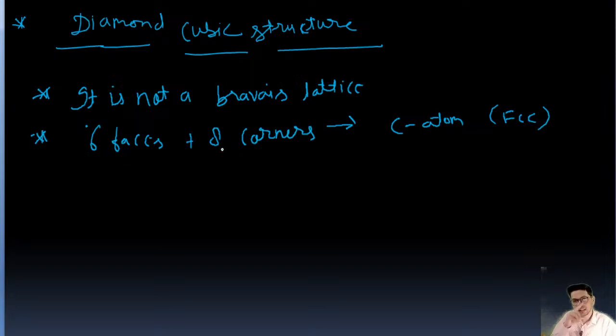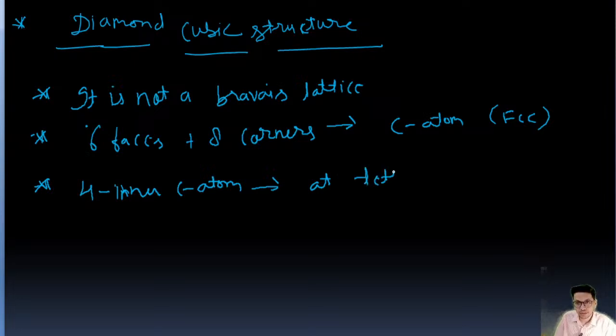and 8 carbon atoms at the corners, okay. And 4 inner carbon atoms in the diamond cubic structure, at tetrahedral sites, okay.